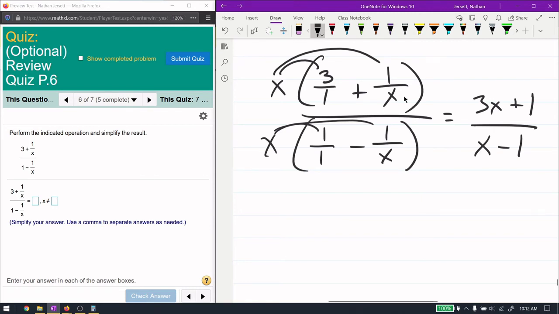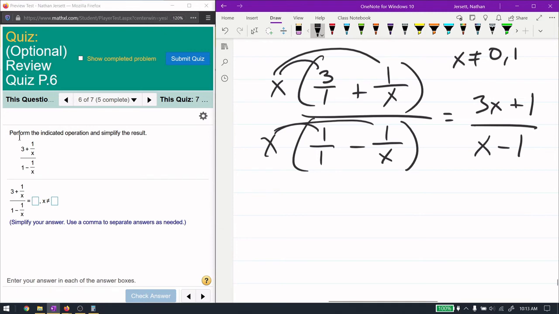Now you should note that x cannot equal 0. If it does, we have a 0 division here. We also need to notice that x cannot equal 1. If it does, this would be 0 here. So there's two layers of possible zeros in the denominator. So make sure you're checking both of them.